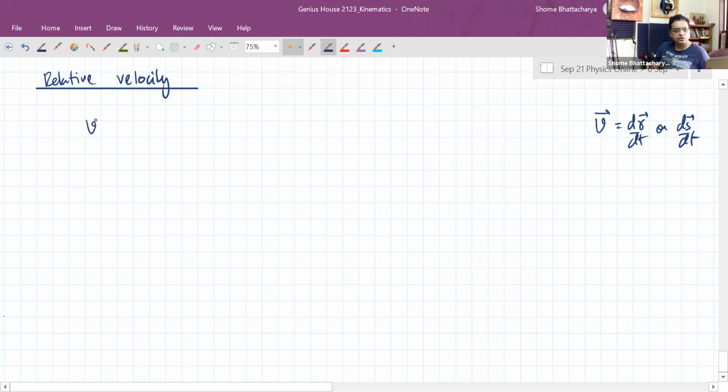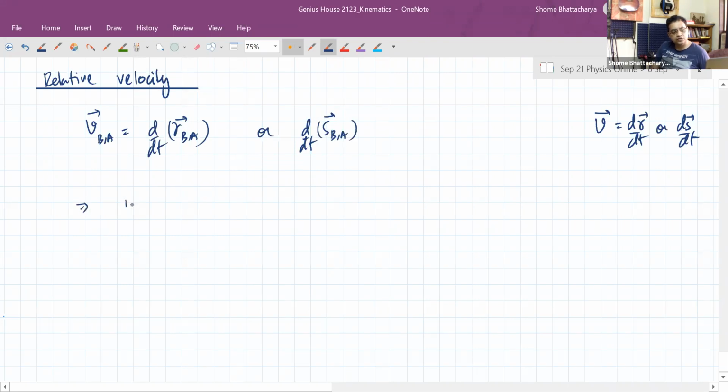So relative velocity of, let's say, B with respect to A is just the instantaneous rate of change of position of B with respect to A, or you can write this as displacement of B with respect to A also. Okay.